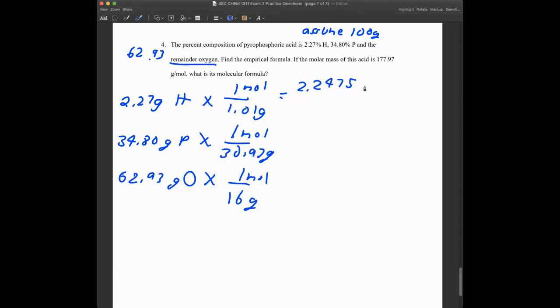Don't do any intermediate rounding. 1.1235 mole of P, and then mole of H, and then we have 3.93 mole of O. 3.9333 to be precise. Okay, does anyone have any questions on how we get these numbers?